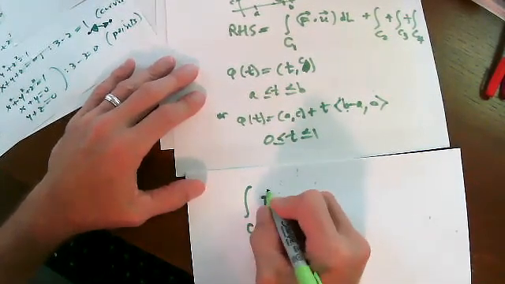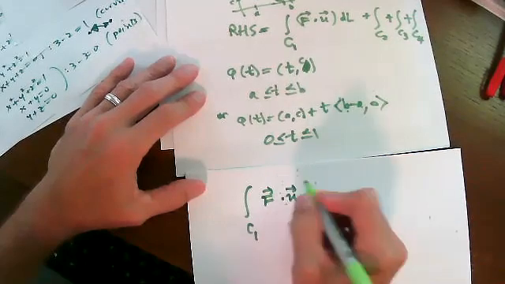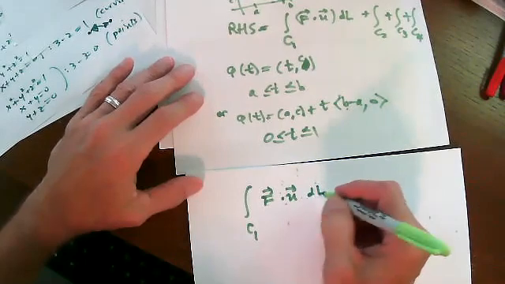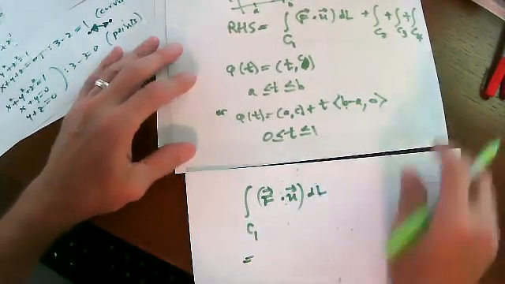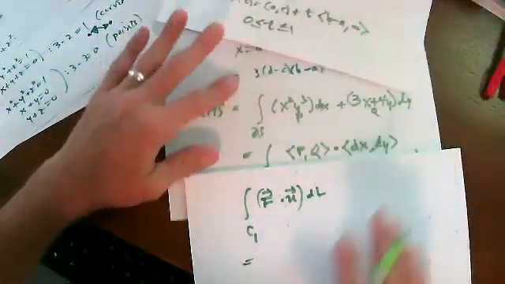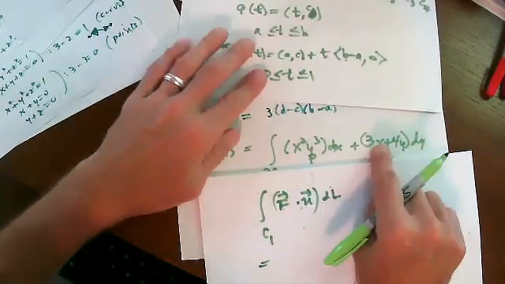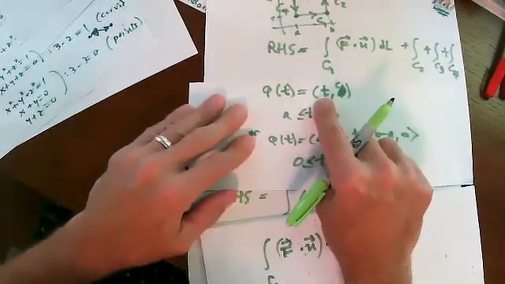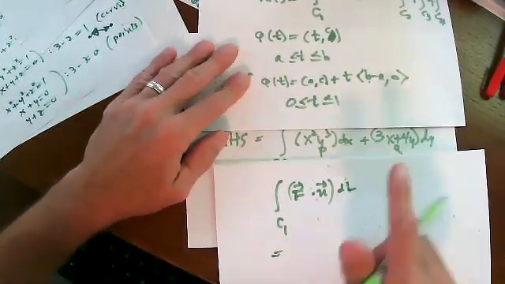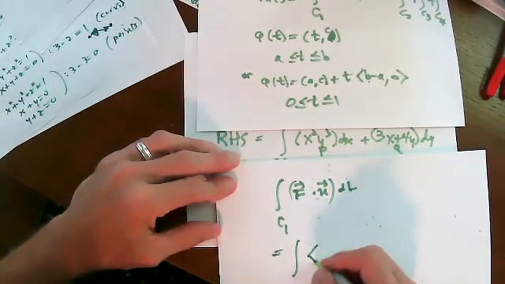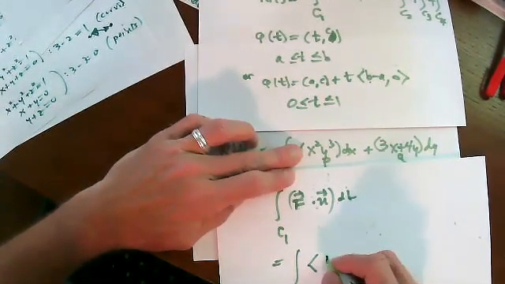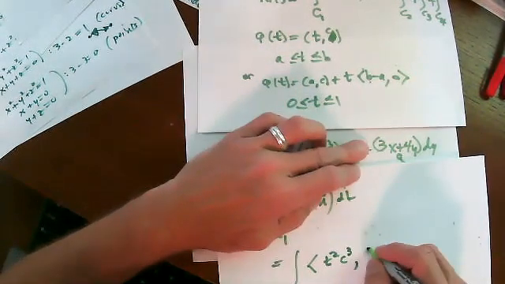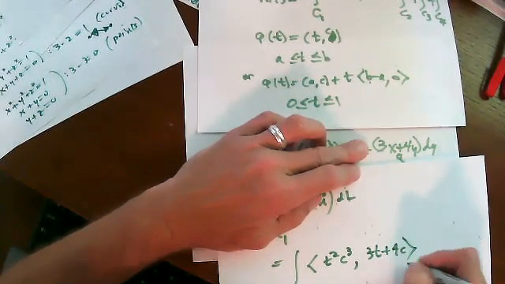So in order to evaluate this integral, I need to take the dot product of capital F with the unit vector that's going in my direction. Well, where was that vector field? Here, 3x squared, and so on. If this is the vector field, there's the P and the Q. And here's where I'm going to be at time t. This will be my x coordinate, that'll be my y coordinate, and so the value of the vector field is t squared c cubed, comma, 3t plus 4c.